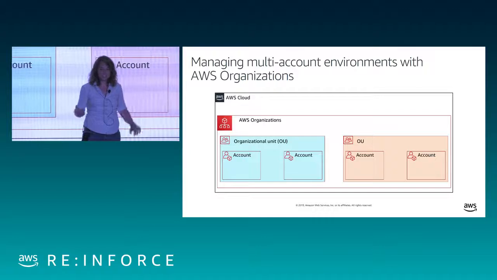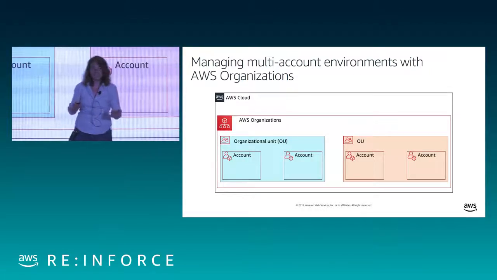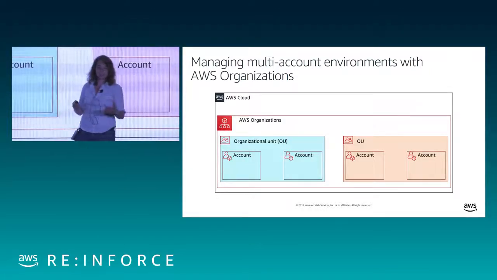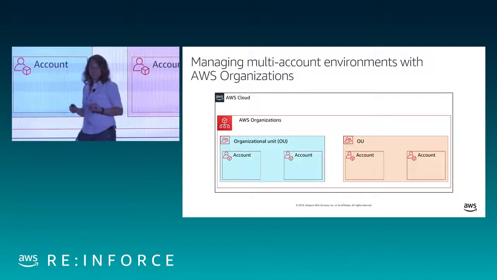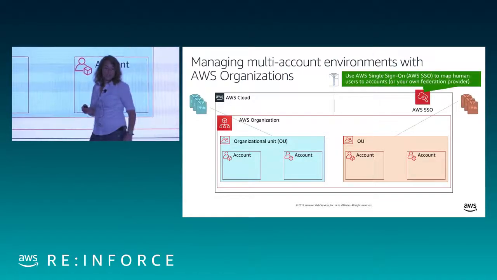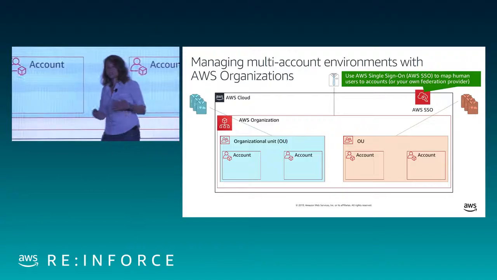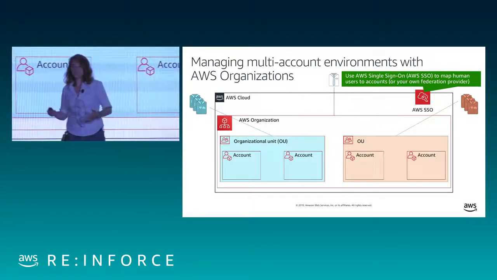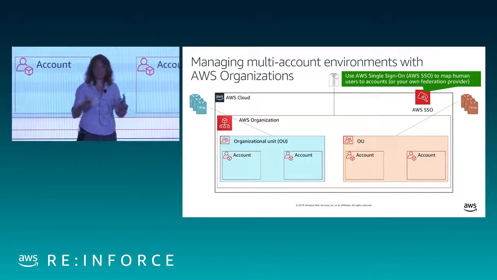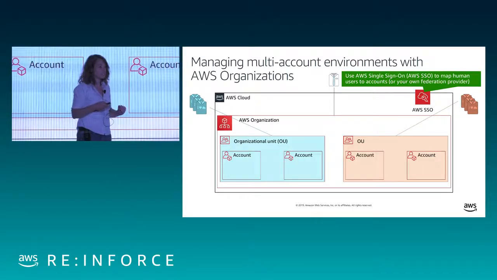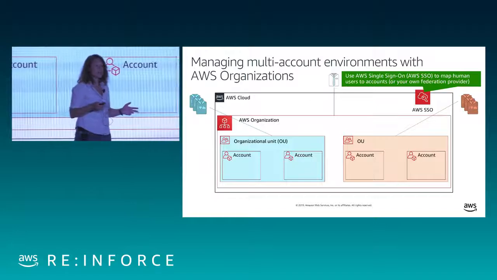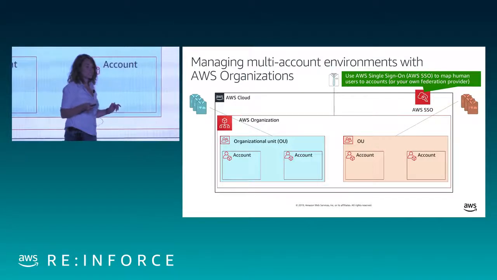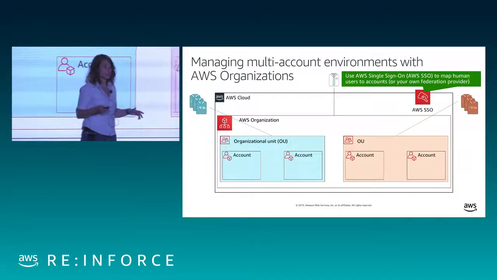And you can do a lot of really useful things. This talk is not really focused on Organizations, but I just wanted to point out a couple of useful things you can do here. This is especially relevant if you don't already have your own directory and federation provider and you're trying to manage human identities into an AWS organization: I would look at AWS SSO, our single sign-on product.